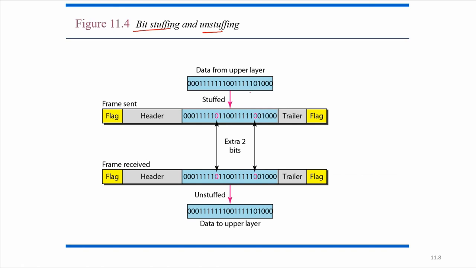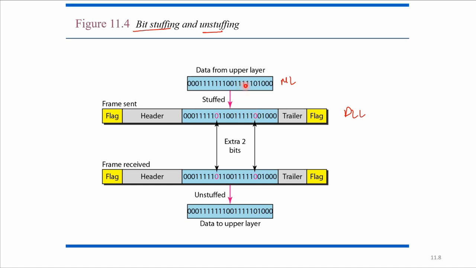This is the data coming from the upper layer, from the network layer to the data link layer, in the form of bits. Whenever there are 5 consecutive ones, an extra 0 is added after them. Here also there are 5 consecutive ones, so a 0 is added after them.